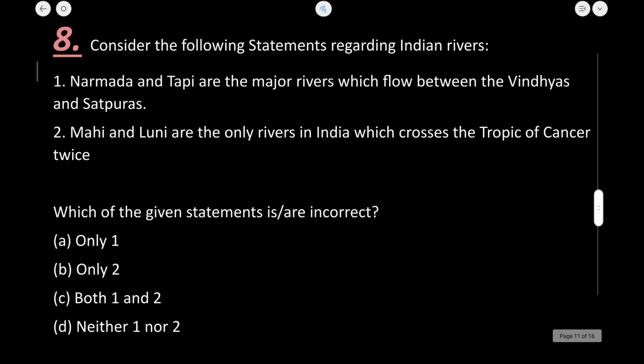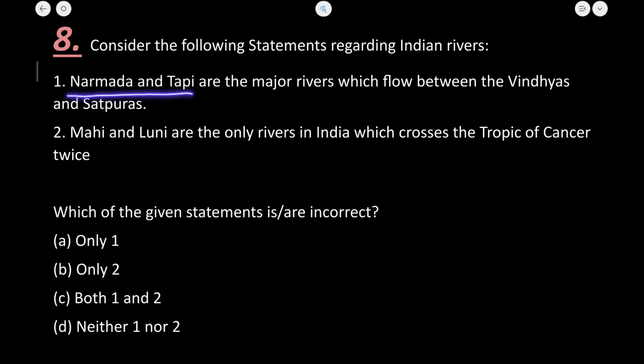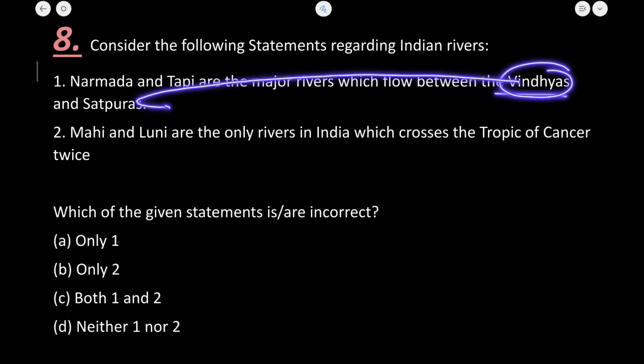Now the next question: consider the following statements regarding the Indian rivers. The first statement is, Narmada and Tapi are major rivers which flow between the Vindhyas and the Satpuras. First of all, let us see some information about the Vindhya range.